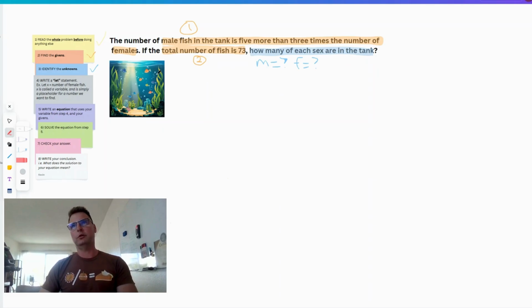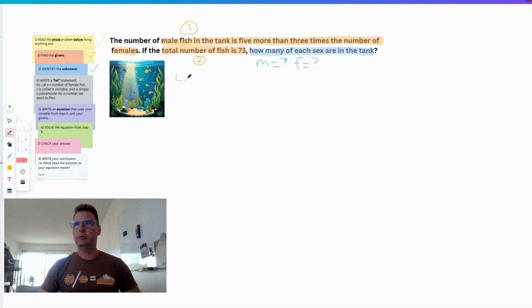So let's go back through our givens. We have the male fish in the tank is 5 more than 3 times the number of females, and we have the total number of fish is 73. For given number 1, it sounds like males is a bit more of a complicated calculation because it says 5 more than 3 times females.